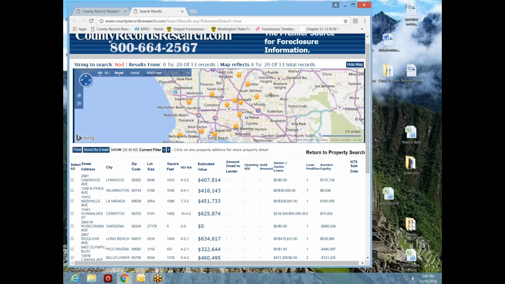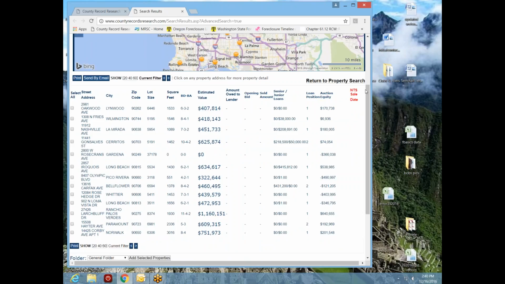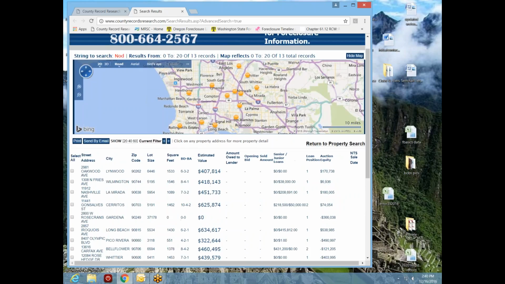So now, because it's a short list, I can scroll down and all 13 records are visible because the map reflects 0 to 20. Now, if it was more than 20, that's why we have these numbers here, 20, 40, and 60. So it says show 20, 40, 60. So if it was 50 total records up here, I would click the 60, and then it would say 0 to 60, and I would have every property visible.